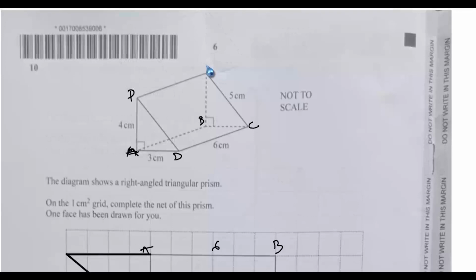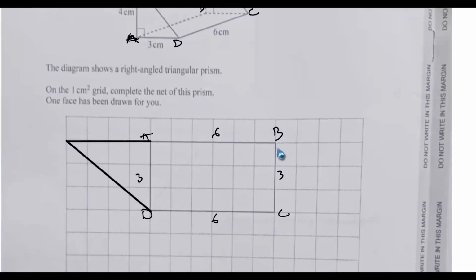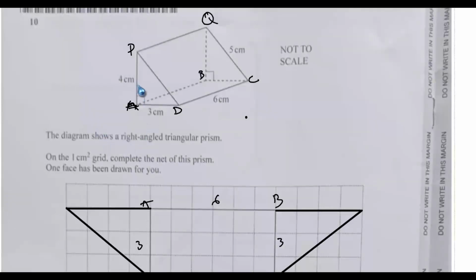Let's also label this point Q. This is point Q here. So we need to draw triangle QBC on the grid as well. So you come here and you draw it here as well. So we've drawn the two triangles by the two ends. So this is P, you have P here, and you have Q here.